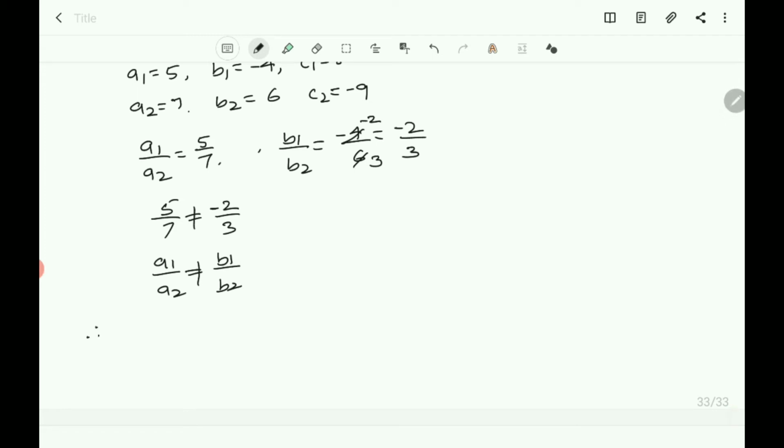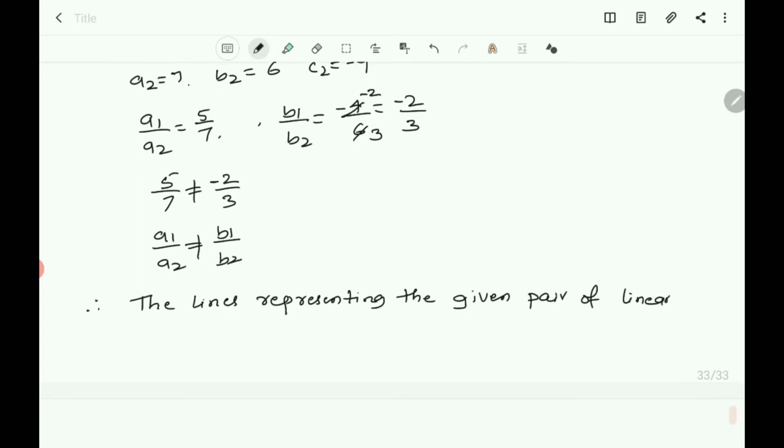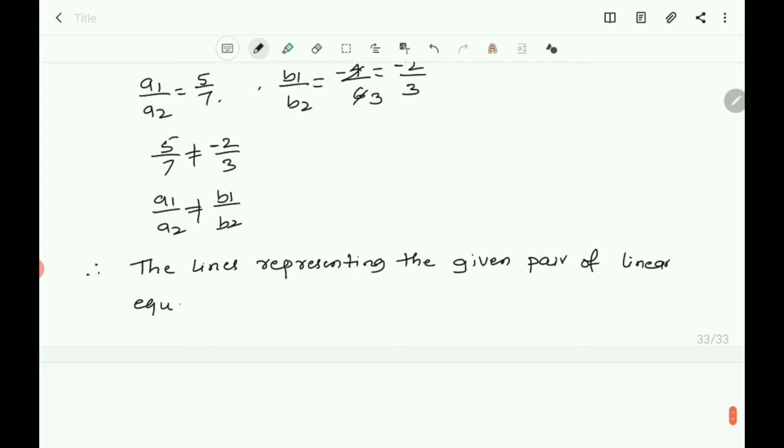Therefore the lines representing the given pair of linear equations intersect at a point.